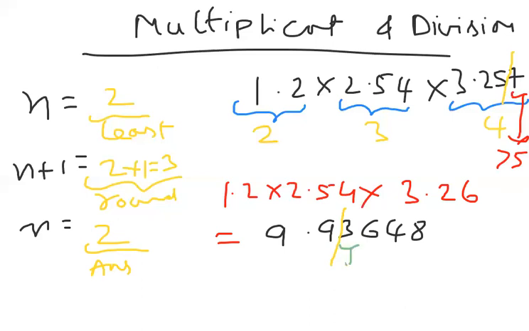This is less than 5, so you leave it, and our final answer is 9.9. I hope you understood how to handle the multiplication method. Let us see one more problem. This is one problem we observed.